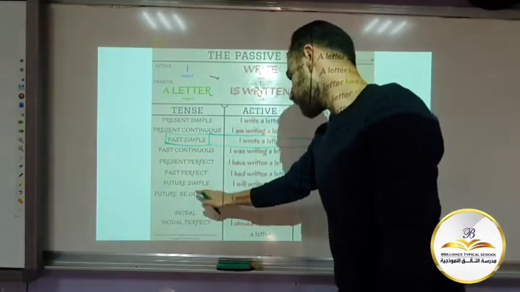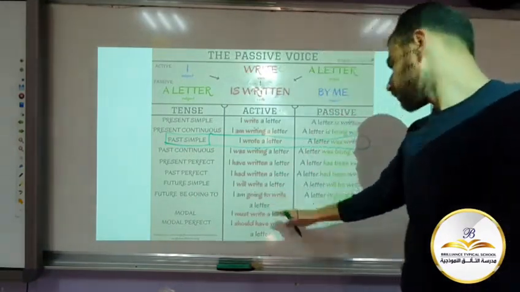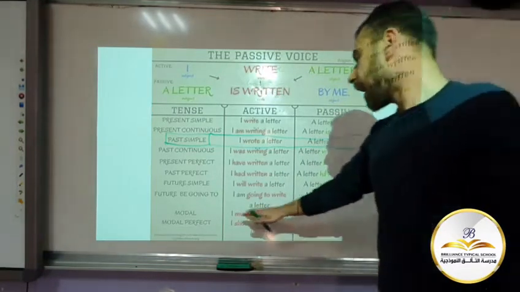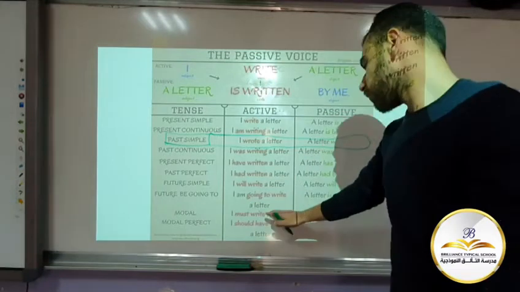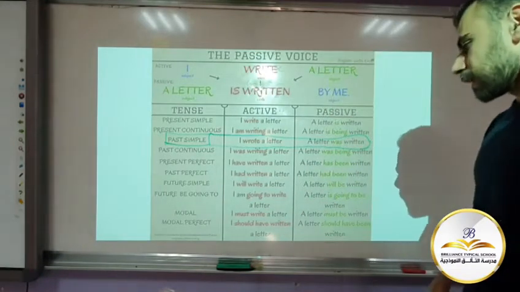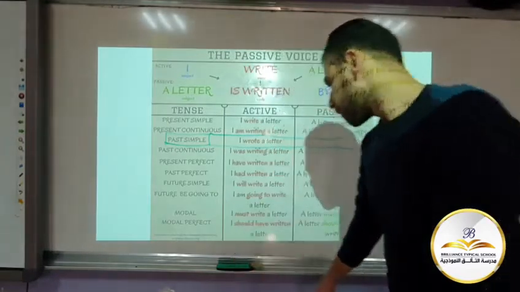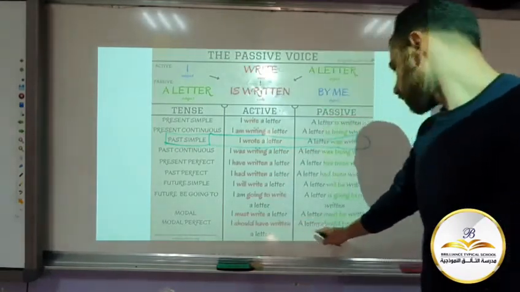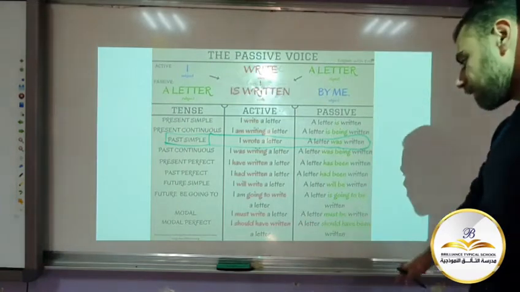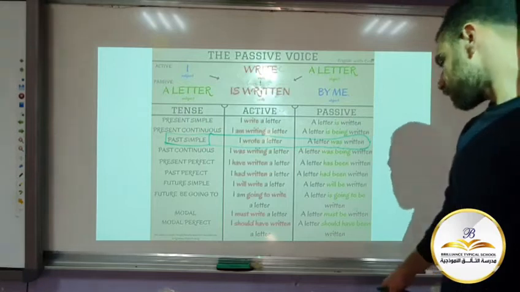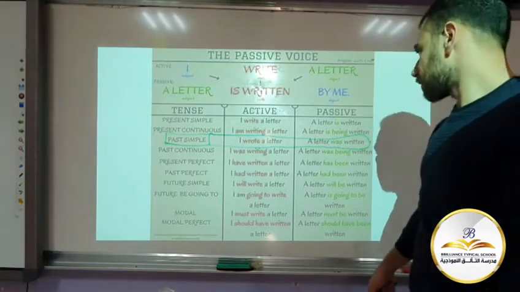And future simple, I will write a letter. It's going to become a letter will be written. And the going to, I'm going to write a letter. It's going to become a letter is going to be written. And here we have the modal and the modal perfect. We have I must write a letter. It's going to become a letter must be written. And I should have written a letter, a letter should have been written.